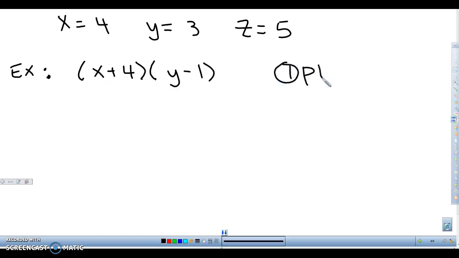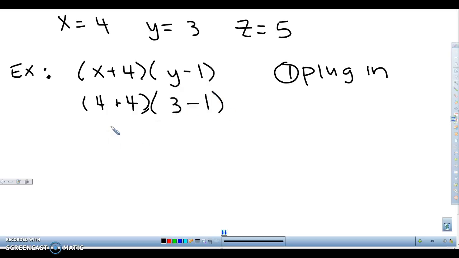These steps should be kind of familiar. And if you need to do the little plug it in dance, go ahead and do that. So x is equal to 4. And we said y was equal to 3. So I've just plugged it in. I haven't done anything else.